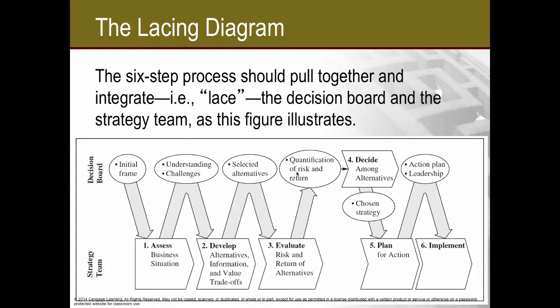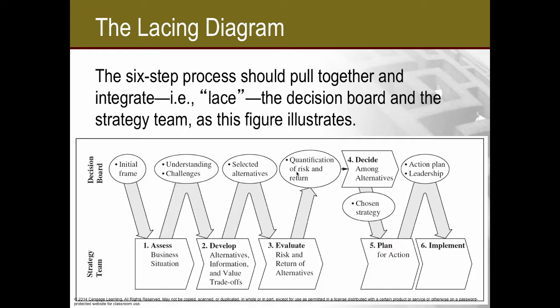When you look at the lacing diagram, how that really works, you can see the decision board. If you put them in the top graph and the strategy team in the lower graph, we can see that most of the steps are done in the strategy team, right? But there is some sort of lacing relationship between the management and the analysis team.